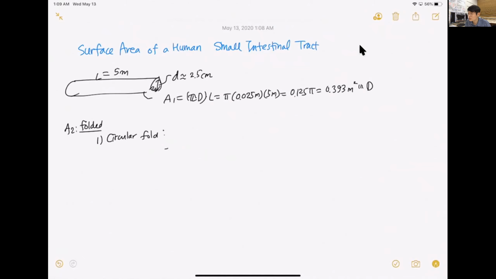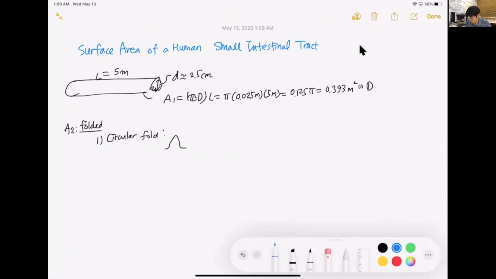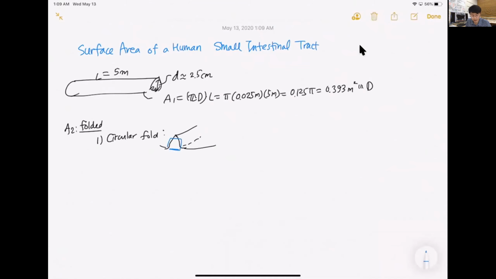If you look at the picture from that PowerPoint, these circular folds make the surface become 1, 2, 3, so roughly about 3 times.